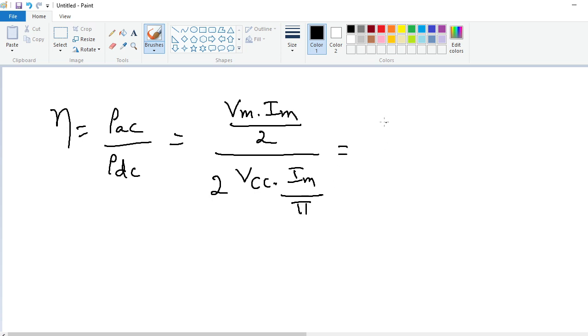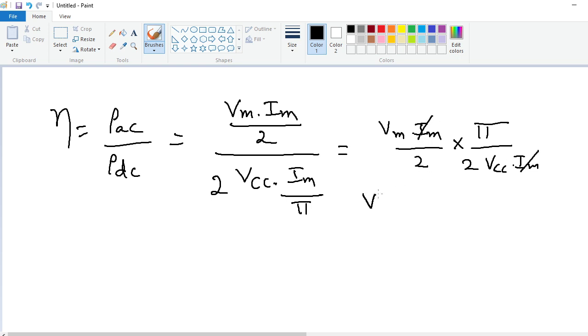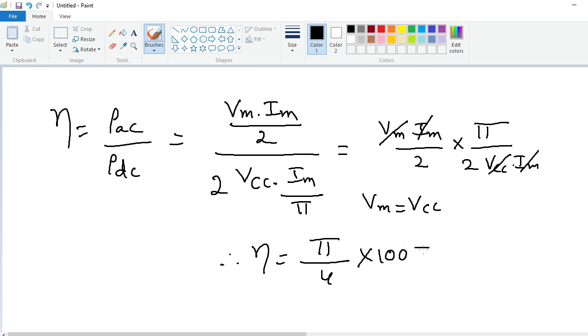So that is equal to Vm into Im by 2 into pi divided by 2 into VCC into Im. So Im cancels. Under ideal conditions, Vm is equal to VCC. So Vm and VCC also cancel. Therefore efficiency is equal to pi divided by 4 into 100. So that is equal to 78.5% efficiency.